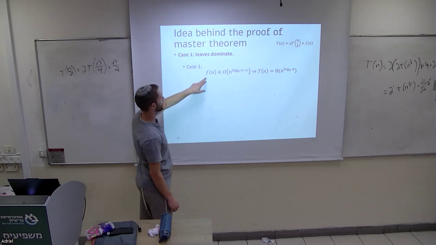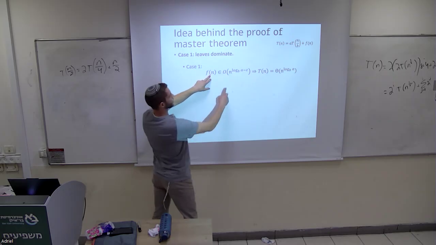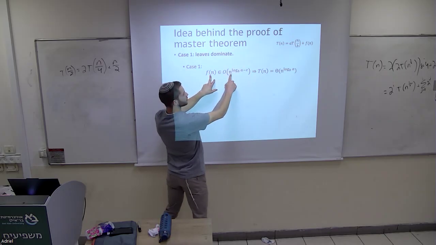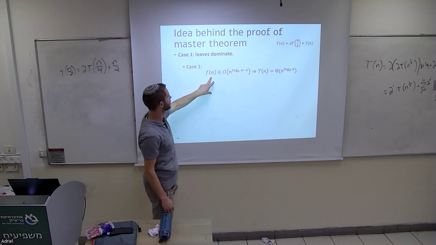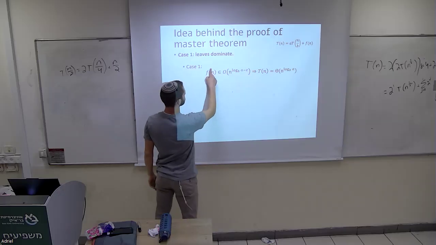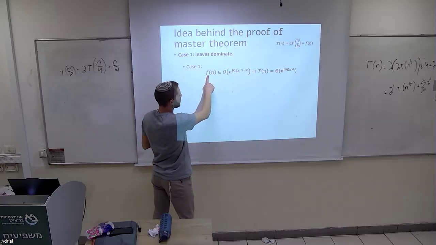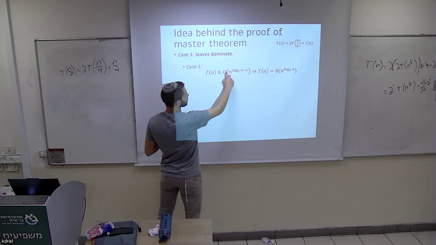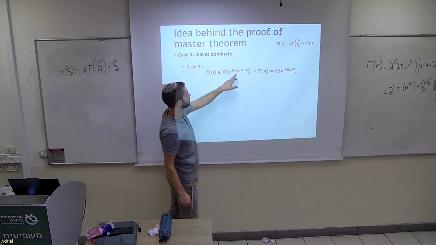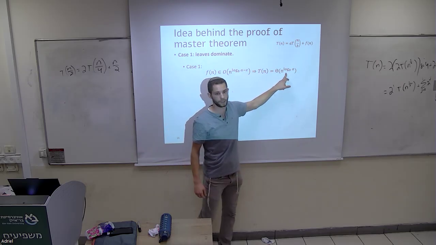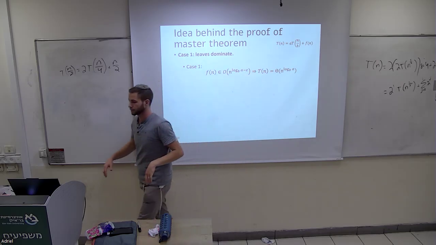So f of n is smaller than this. And what is this? It's the amount of work at the last layer. So we can ignore f of n relative to this because this is so much bigger. So we only take the leaves.